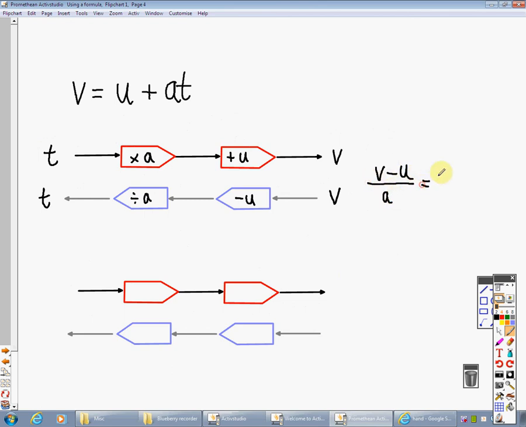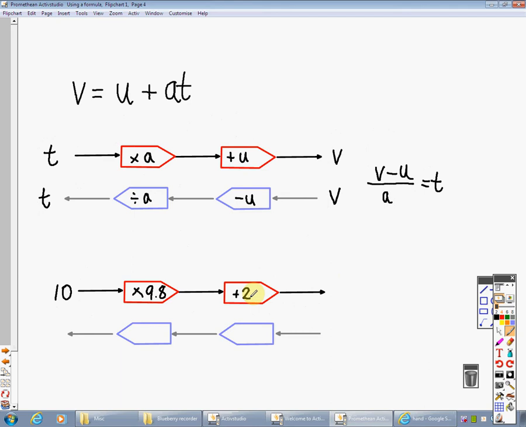We could check that out with a numeric example. So I'm going to use t. Let's say we have t is 10, times that by acceleration. I've chosen 9.8, acceleration due to gravity, an initial speed of 2, and that should give us a velocity of 100.